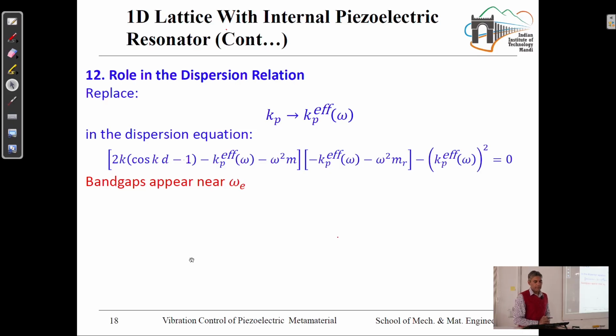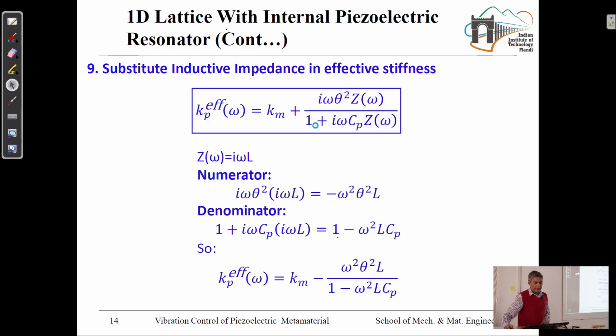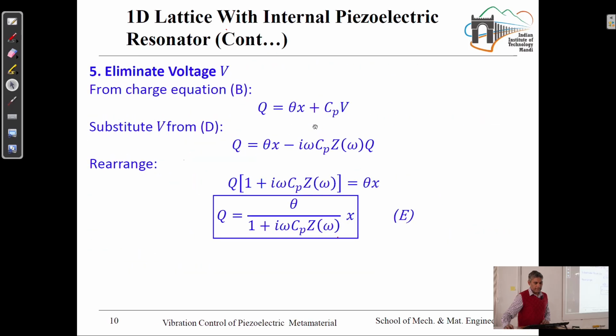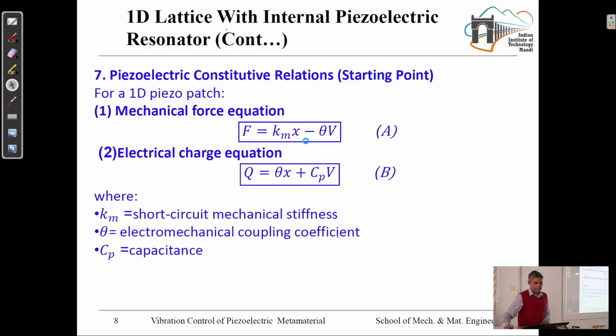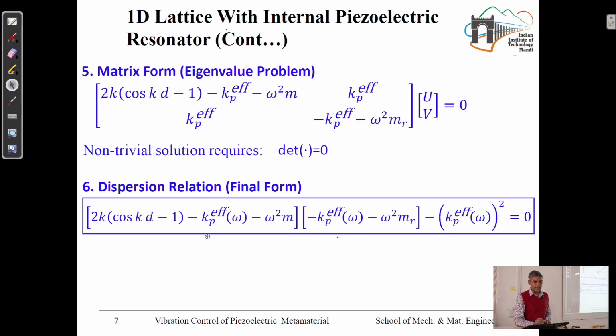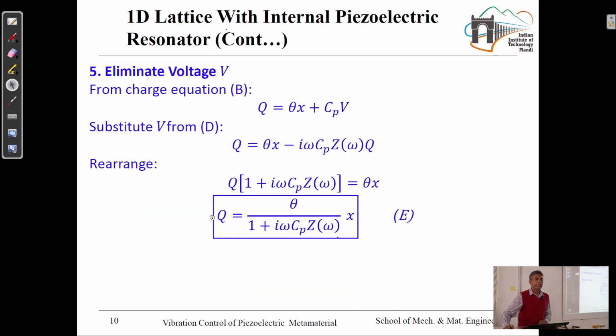So finally, we can replace Kp by Kp effective in our derivation part, that is in this expression. In fact, we have used Kp effective only here, right? When I started my discussion, I used Kp there, or Kr. So I can replace Kr by Kp effective now, and then accordingly we can play.